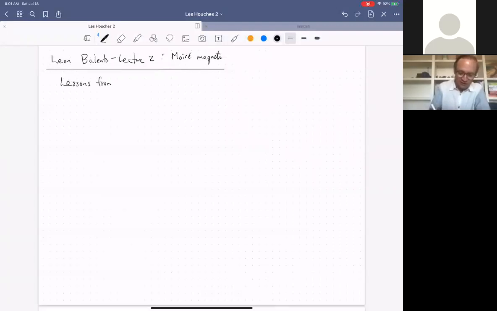So there are many lessons. I just want to draw the simplest one, which is that in all these cases, these Moire patterns have very, very large unit cells.